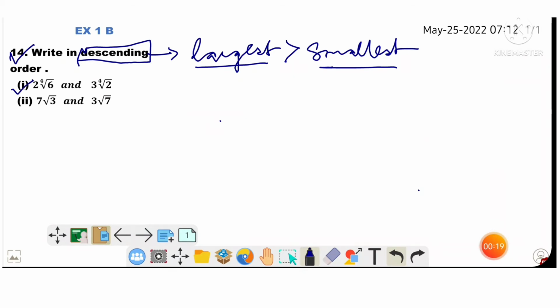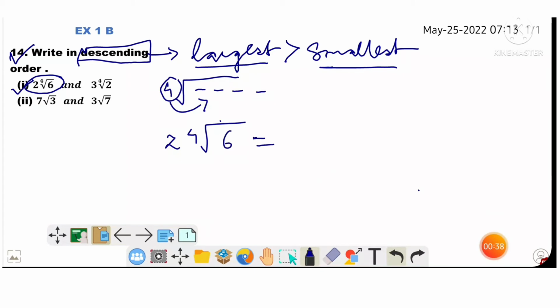2 fourth root of 6 and 3 fourth root of 2. Fourth root means there should be 4 numbers inside, 1 2 3 4, 4 same numbers. 2 into fourth root 6 means there are 4 2s inside.